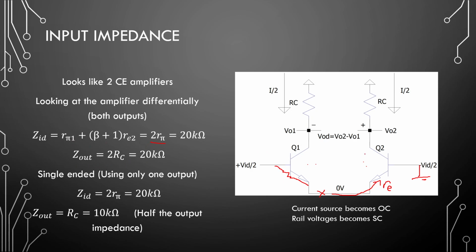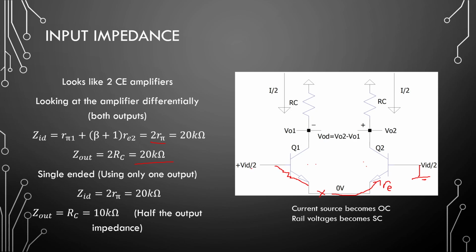So for this amplifier, the input impedance will be 20 kilo ohms, whether we're viewing from one input only or from both inputs simultaneously, we will be seeing 20 kilo ohms. Even with a single ended output, we will be seeing 20 kilo ohms.